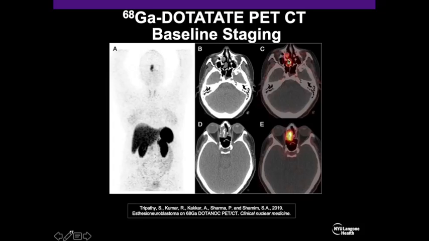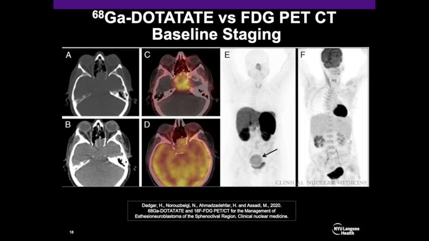It's a right cribriform plate ethmoid sinus mass, and there is no nodal or distant metastatic disease. As you can clearly see here, the lesion to background ratio is excellent, driven by the lack of brain cortical activity, and identifying the full extent of the disease is pretty easy.